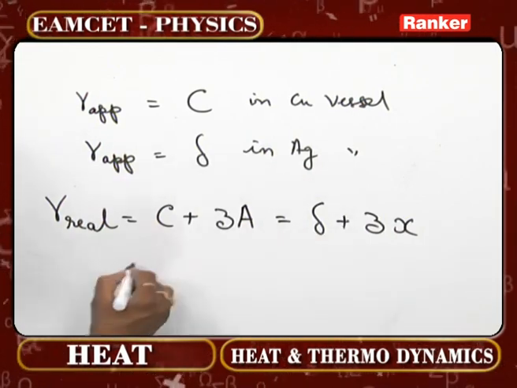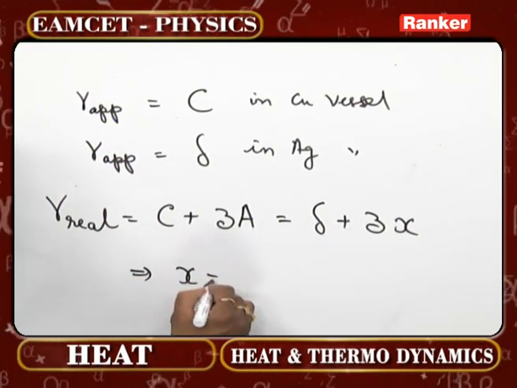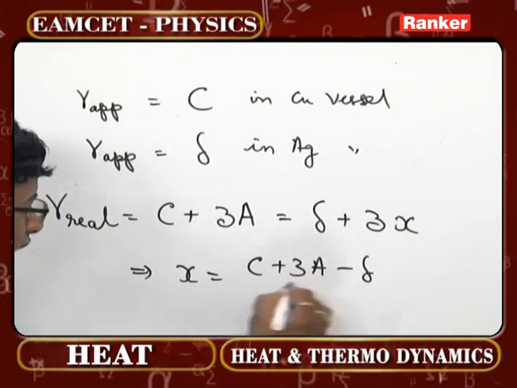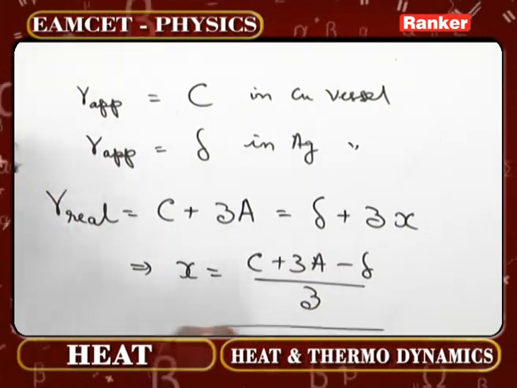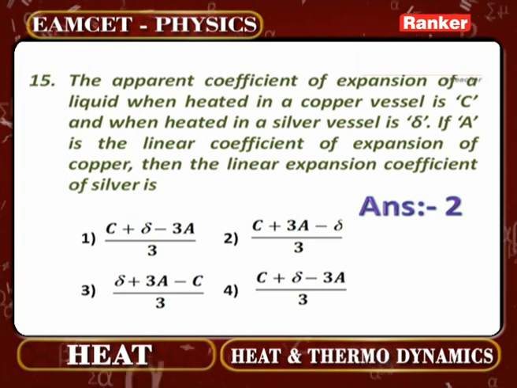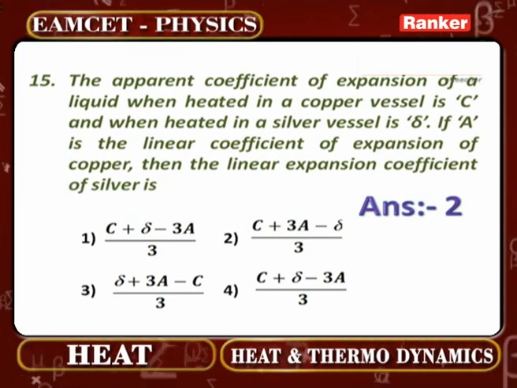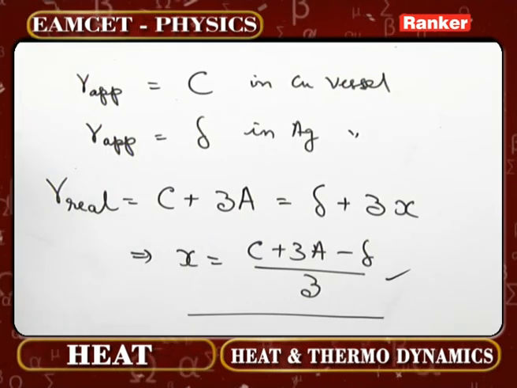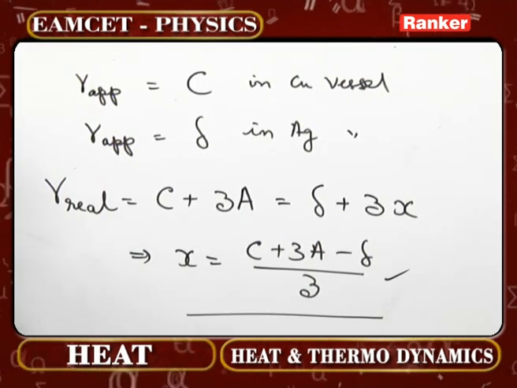So if you equate these two, how much will you get as X? C plus 3A minus delta, whole divided by 3. Look at this option carefully, please. The second option is going to be true. C plus 3A minus delta, whole divided by 3. That will be the corresponding formula for X. That is question number 15.